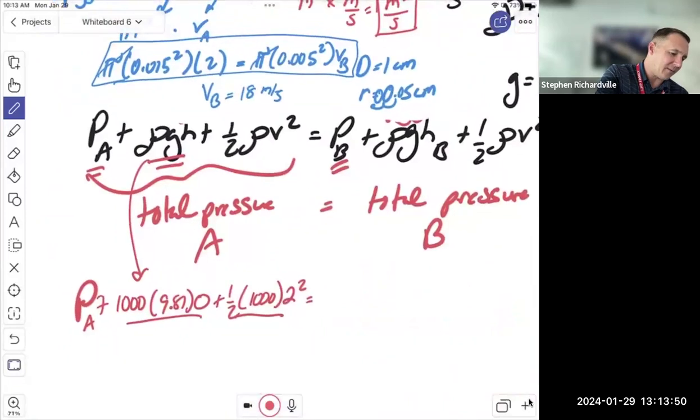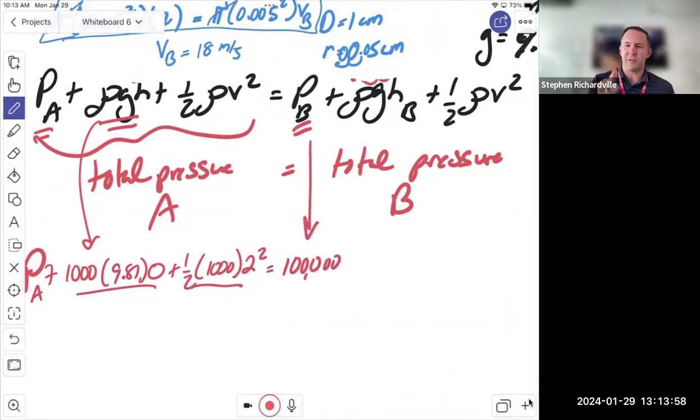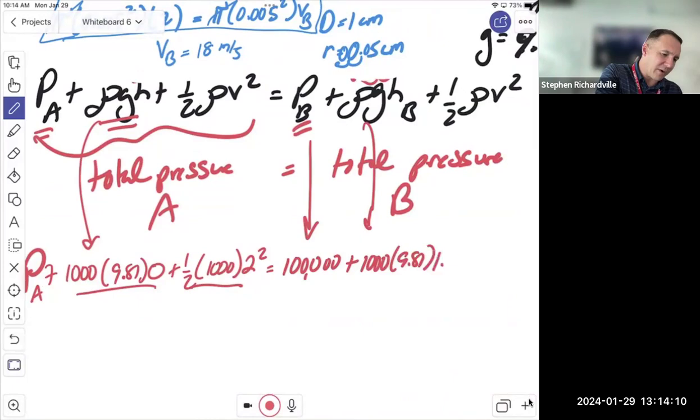So back down to here, and feel free to pause the video or go back. This is 100,000 pascals, about 14.6 or 7 pounds per square inch is what we're used to our atmospheric pressure being. Plus, okay, rho GH here. So now my height is not going to be 0. My height is 1.5 meters above the other height.